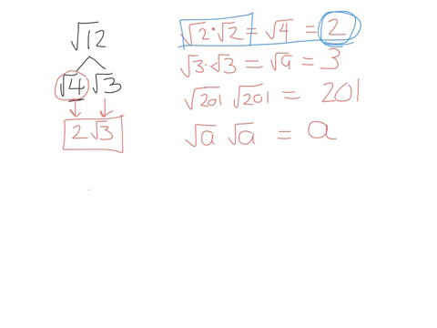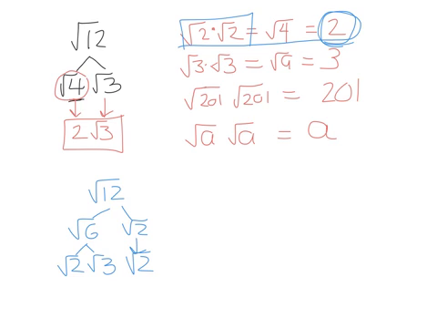So if I had broken down rad 12 to rad 6 times rad 2, I could still simplify the problem, but I'd have to break down rad 6 to rad 2 times rad 3. Just bring down this rad 2.